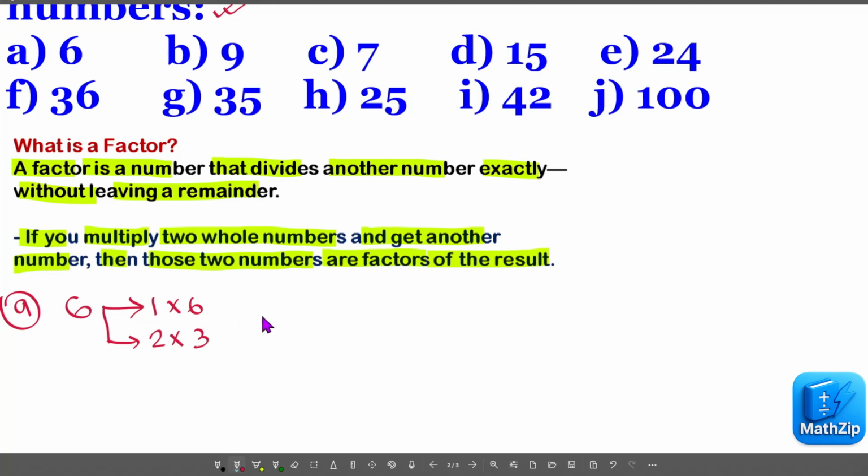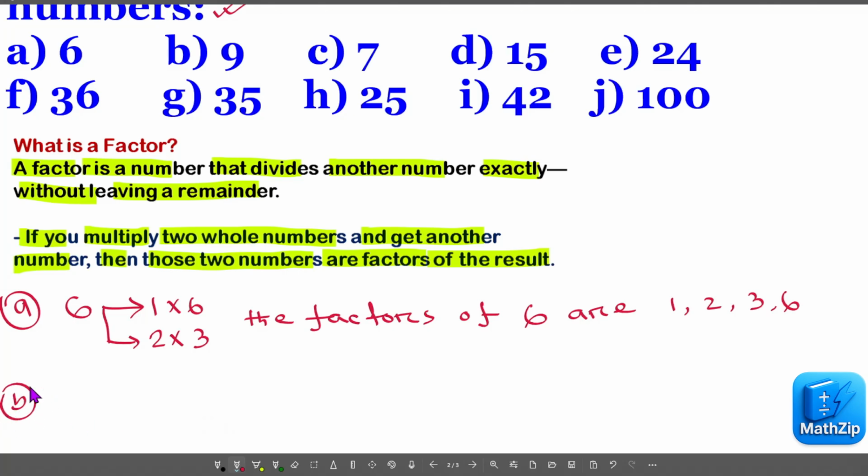So we can say the factors of 6 are 1, 2, 3 and 6. Number B, 9. Similar thing: first 1 times 9, then 3 times 3.